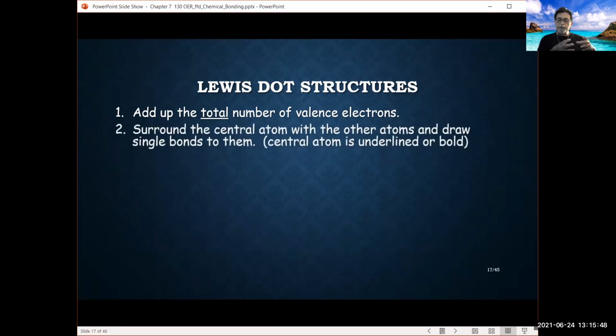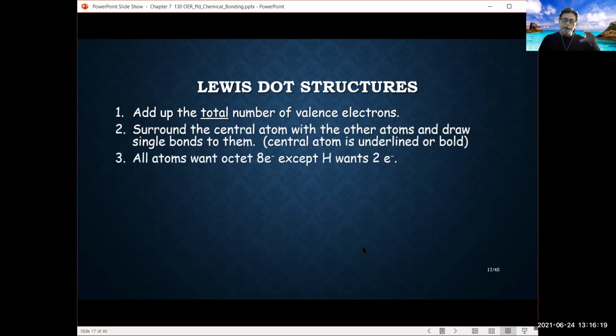Now, you will always be told who the central atom is. As I stated before, we're either going to put it in bold with respect to the symbol, or it will be underlined. So it will be the central atom, and then everything else is bonded around it, okay? And if it's bonded around it, it will be either a single bond, a double bond, or a triple bond, depending on what the molecule is.